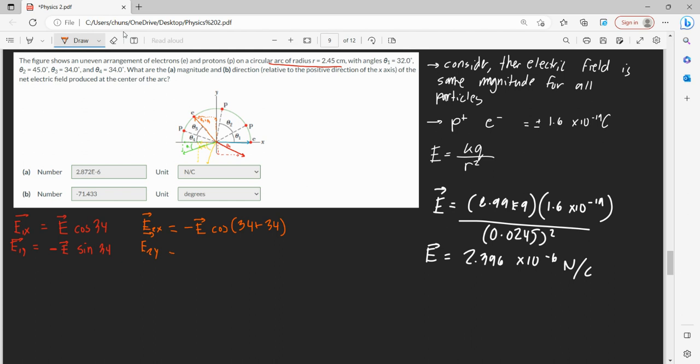Yep. And then we have positive y direction, so that is positive E sine of 34 plus 34.